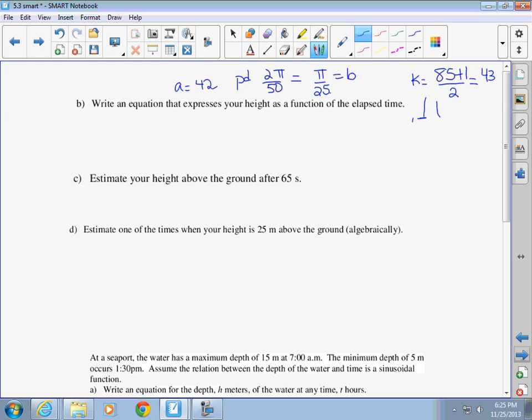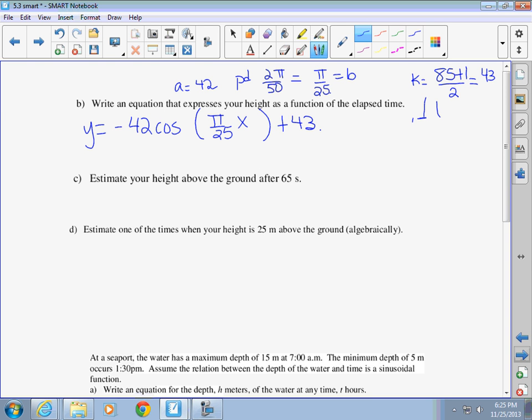So your equation, if we looked at our graph, because of the way it starts down and then goes up, that's just the opposite of a regular cos graph. So it would be a negative 42 cos of pi over 25 x, and then that plus 43.